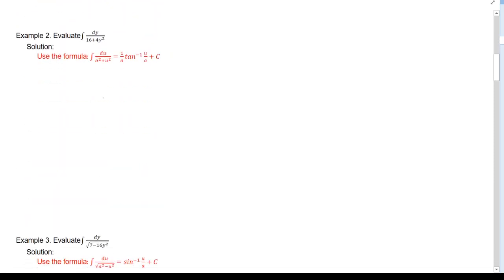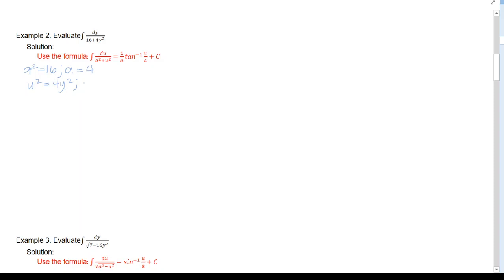Okay, example number 2. Evaluate the integral of dy over 16 plus 4y squared. Here we use again the formula for arctangent, that is 1 all over a arctangent u over a plus c. For the value of a squared, that is 16, so a is the square root of 16, which is already 4, and u squared is equal to 4y squared.